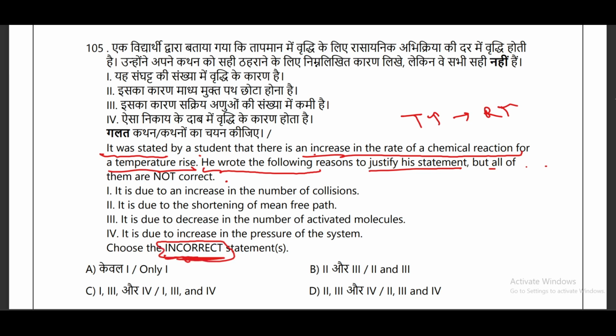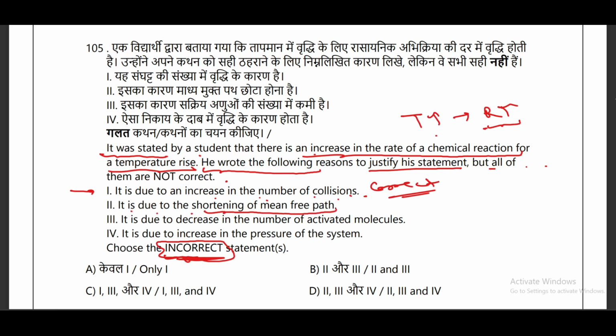So the first option is that it is due to an increase in the number of collisions. This is the correct option, because if temperature is increased, the number of collisions will increase and you will get an increase in the rate of chemical reaction. Now, it is due to shortening of mean free path.